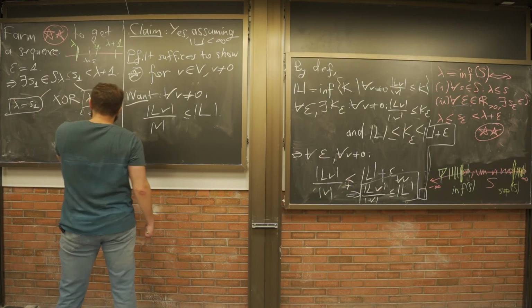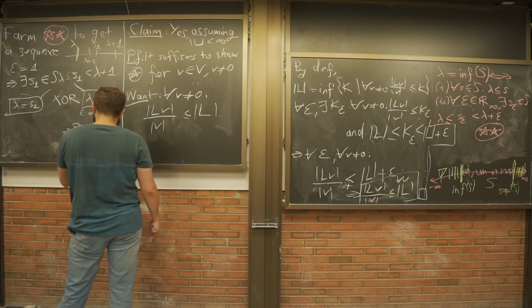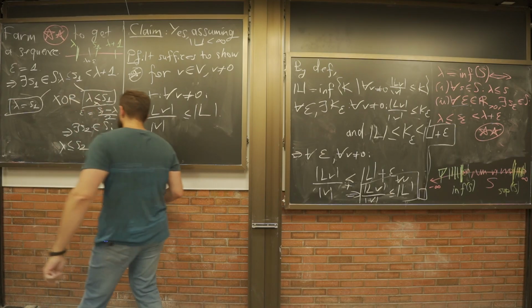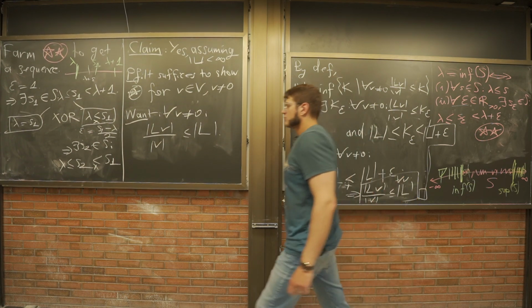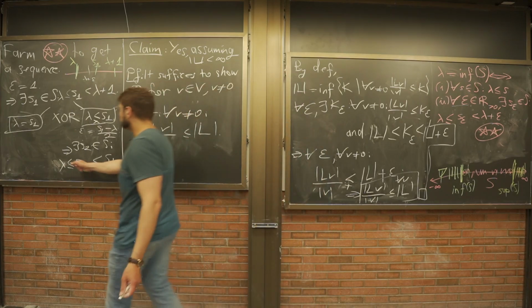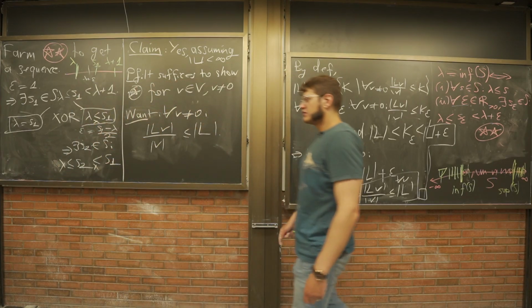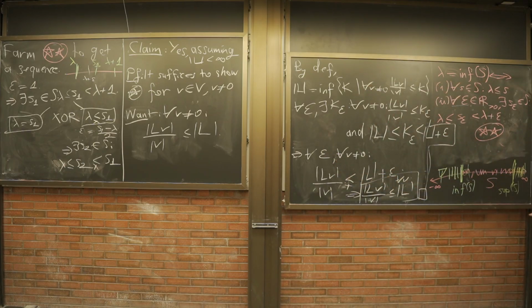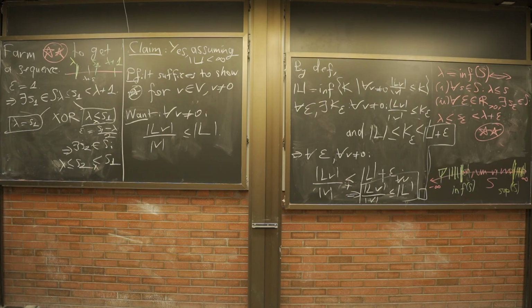There's an S2 in S such that S2 is strictly less than S1 and possibly equal to lambda. And then again, you say either S2 is equal to lambda, in which case you're done. Otherwise, you keep going like this. This generates for you, by the so-called induction principle, a strictly decreasing sequence of real numbers that certainly converges to lambda.